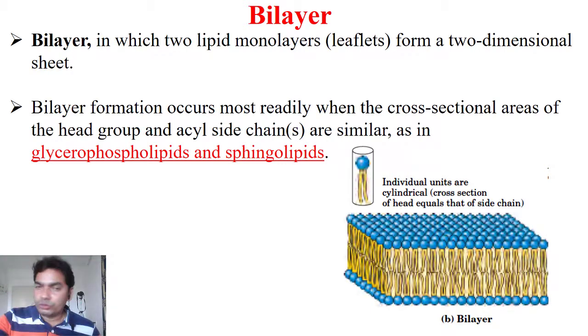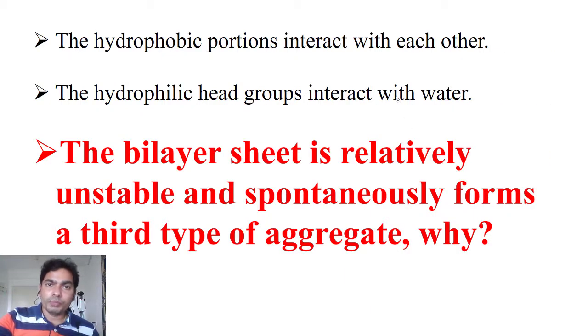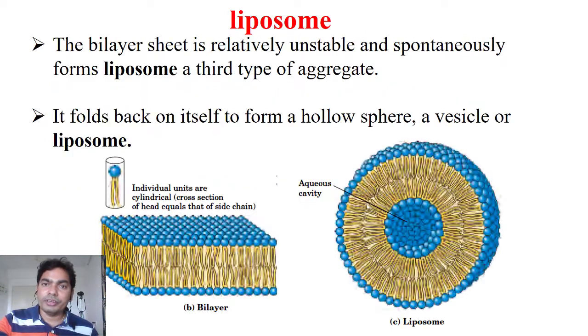right? So the hydrophobic portions interact with each other, and the hydrophilic head group interacts with the water. The bilayer sheet is relatively unstable and spontaneously forms a third type of aggregate. Why? I have given you the reason, right?